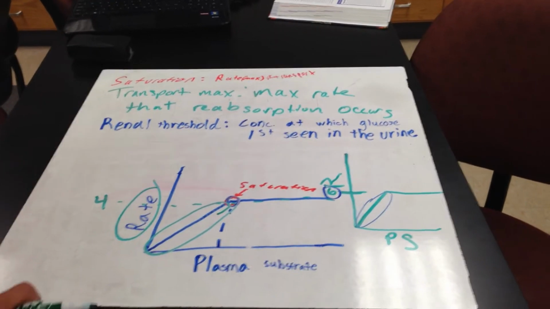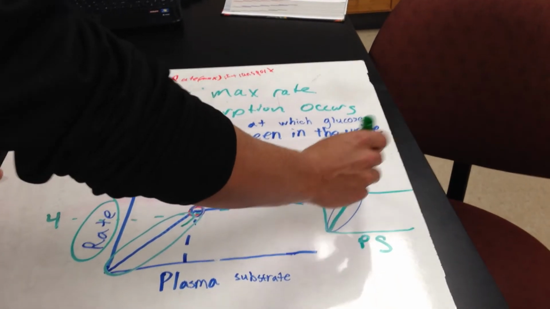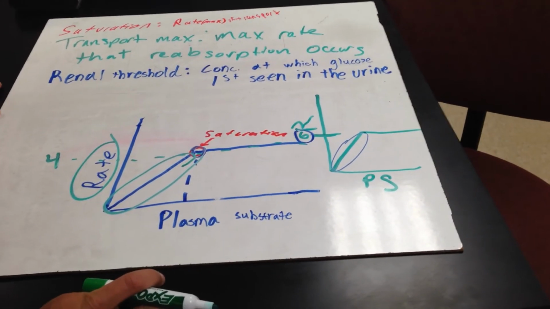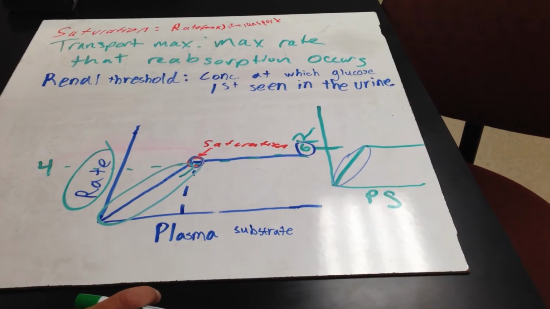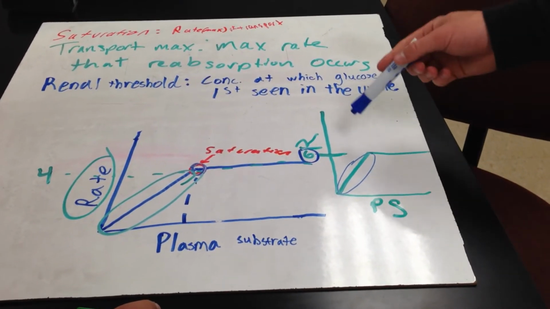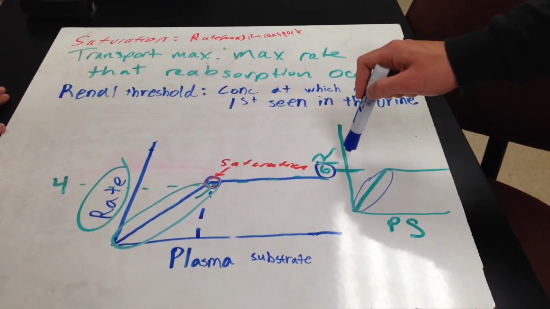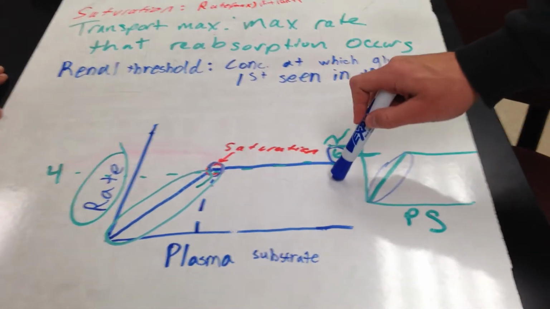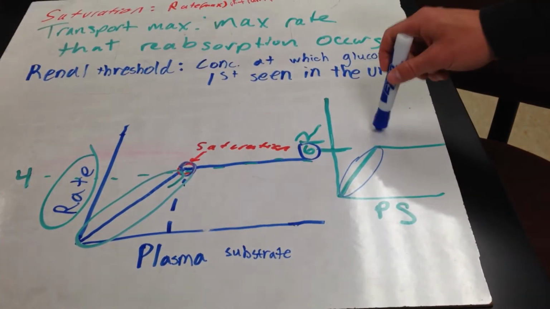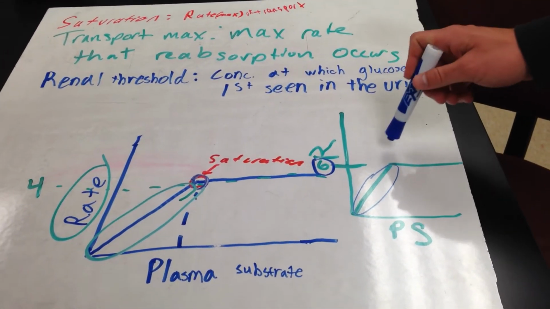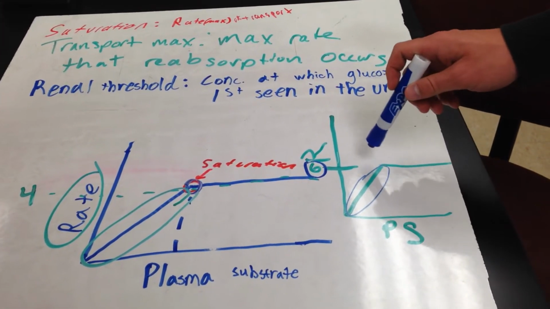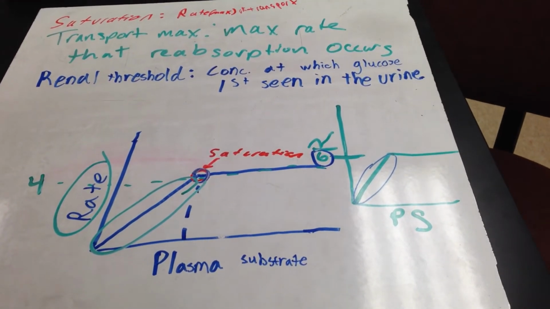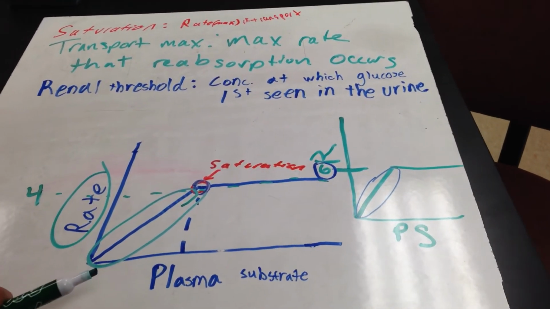So we'd expect it to be more efficient, at least in the sense of being able to absorb more glucose. Correct? Yeah, so at a higher concentration of 6, a lot of glucose in the human would be seen in the urine, while in this organism at 6, no glucose would be seen in the urine because that's at its transport max and saturation.